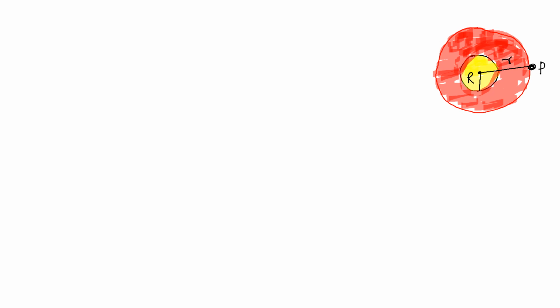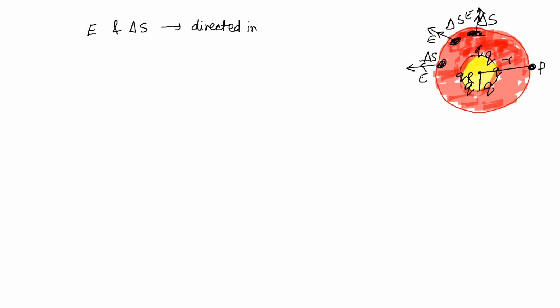This is our point P. We have taken small area elements on the Gaussian surface, which have a value of del S. These small areas del S are directed radially outwards, and the electric field due to the charge over the surface of the thin spherical shell is also in the same direction as del S. So E and del S are directed in the same direction.